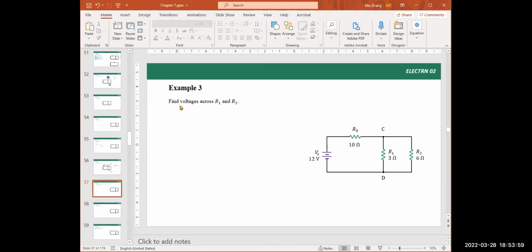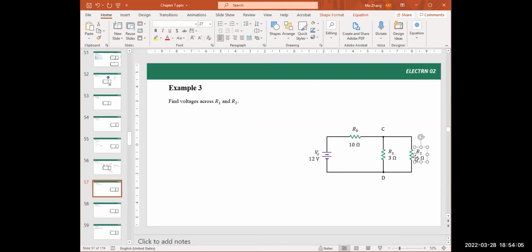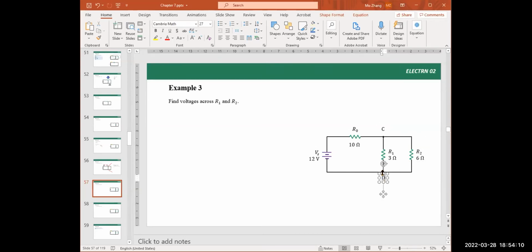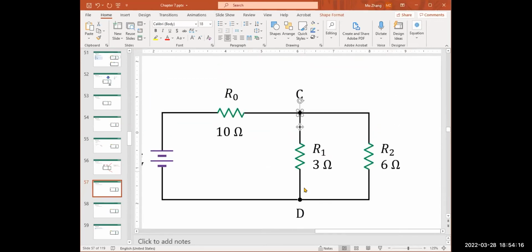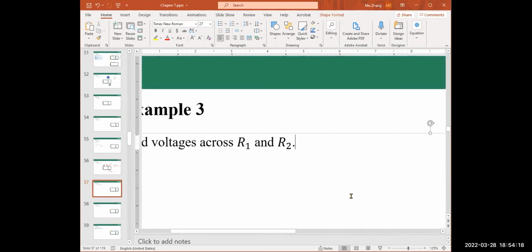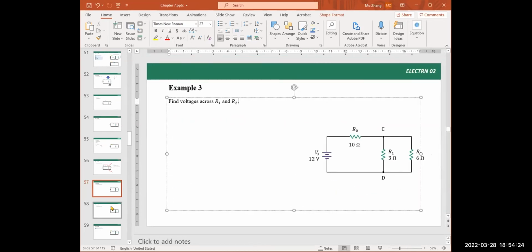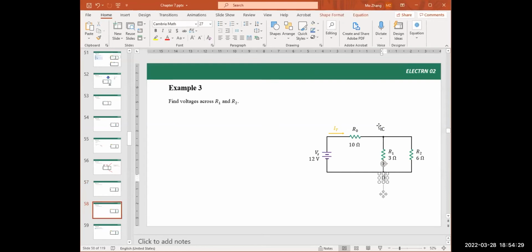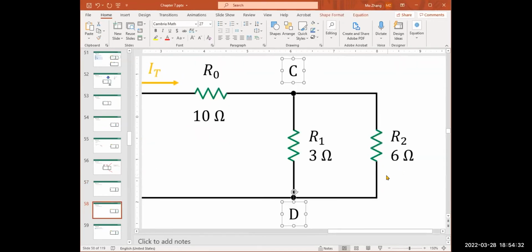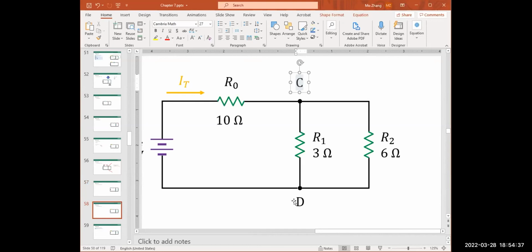Okay, so now we want to find the voltage across R1 and the voltage across R2. If you look at the labeling, I put C and D over here. C represents node C, and D represents node D. We are looking for the voltage between these two nodes, the voltage between C and D. The voltage between node C and node D is the voltage across R1.